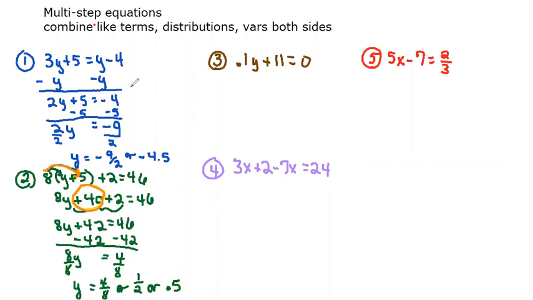Okay, so let's go over to number 3. And this one is really basic, except for I have a decimal here with the y. But that's okay. I can subtract the 11, and I get 0.1y is equal to negative 11, and divide by the 0.1. Okay, everybody's got a calculator. Go ahead, divide by that 0.1.